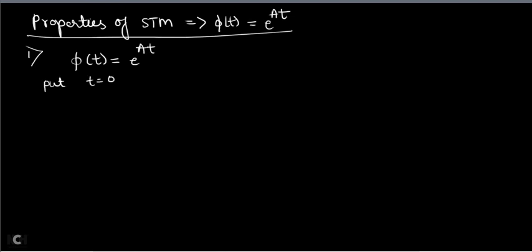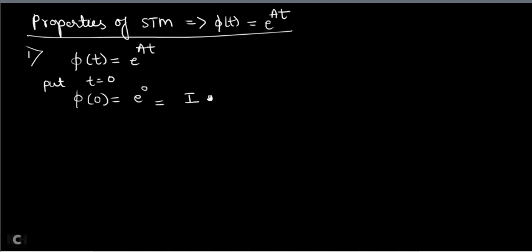So if you put t is equal to 0, you are going to get phi of 0 is equal to e power 0. What is e power 0? 1. Instead of 1, because it is a matrix operation, you need to write identity matrix I, because it is in matrix form.